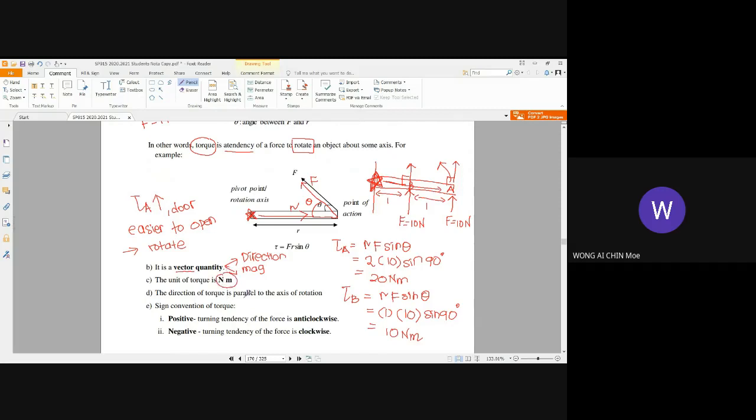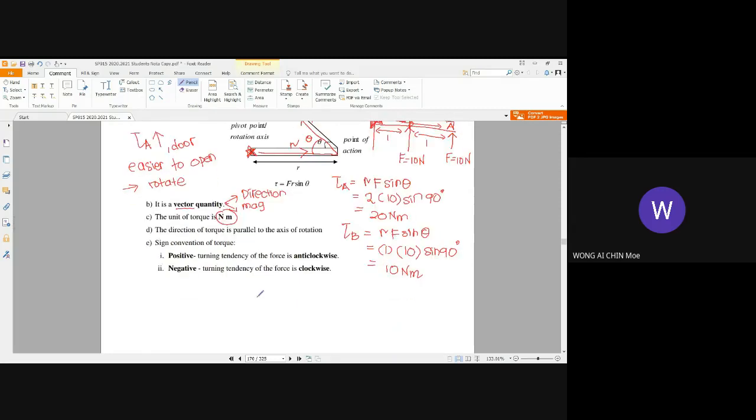The direction of torque is parallel to the axis of the rotation. This one you must take note: if your torque is positive, it will rotate anti-clockwise. If your torque is negative, your object is rotating clockwise. So this one you must take note.